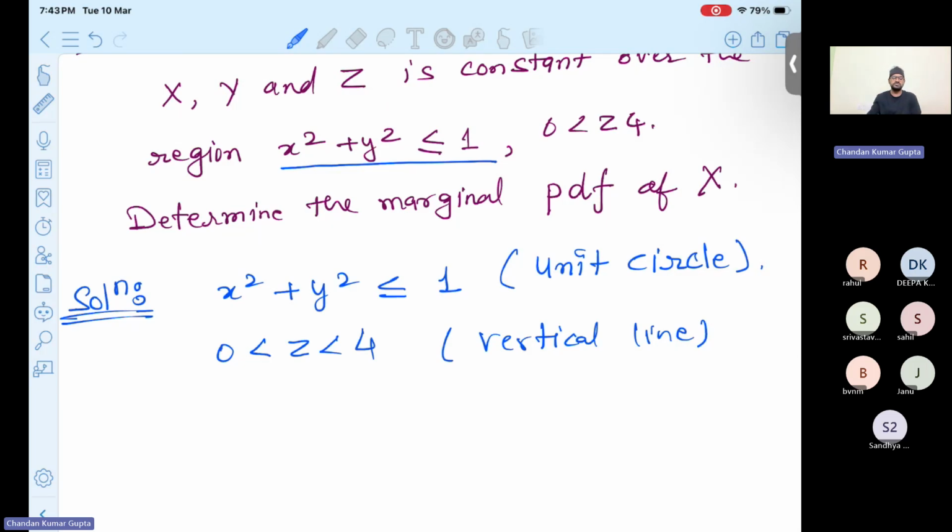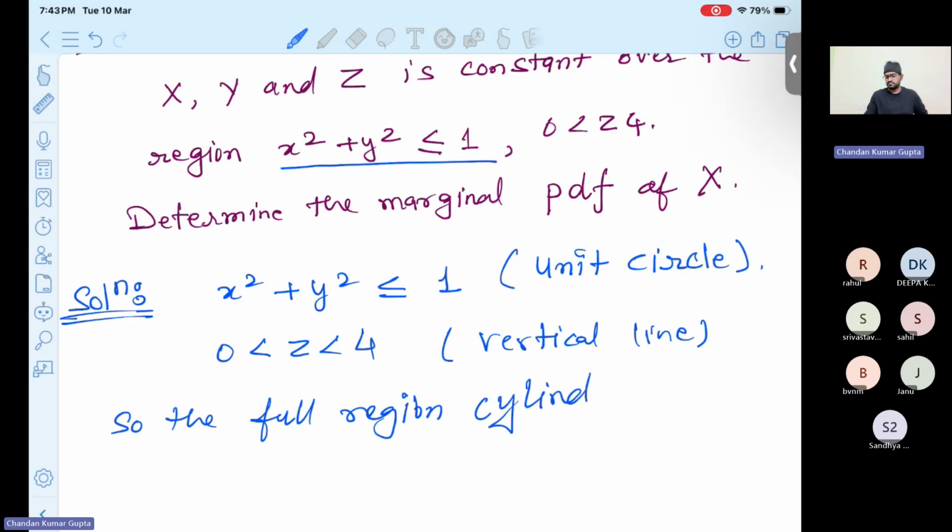The overall combination is what? Can anyone tell me? The circle is there, and circle upon circle, so many circles are there because there is a height. So this region is known as, can anyone say? It's a cylinder, no?